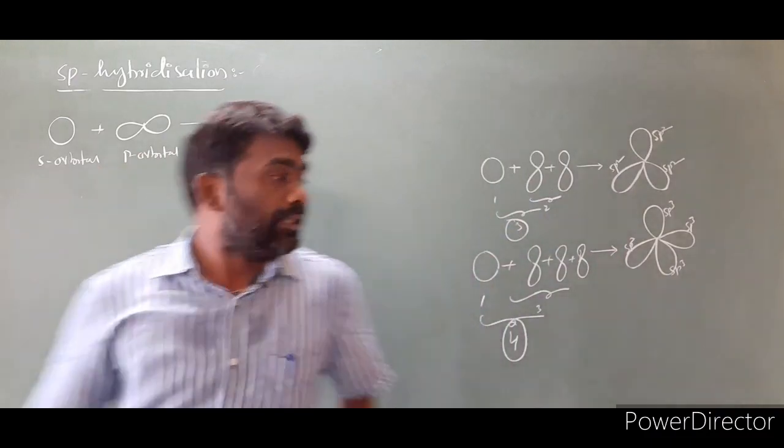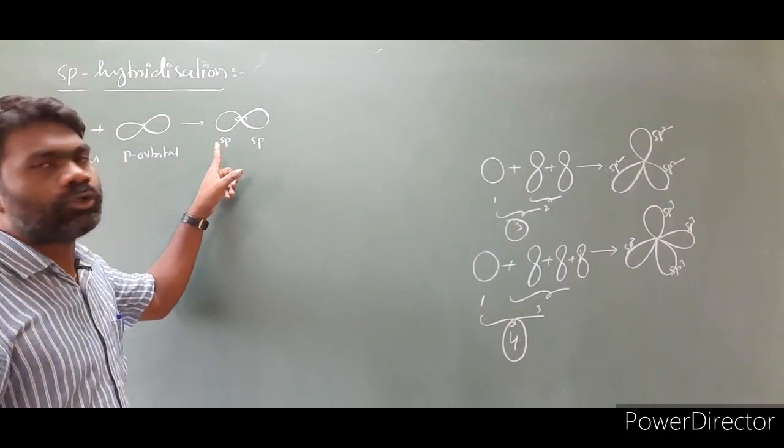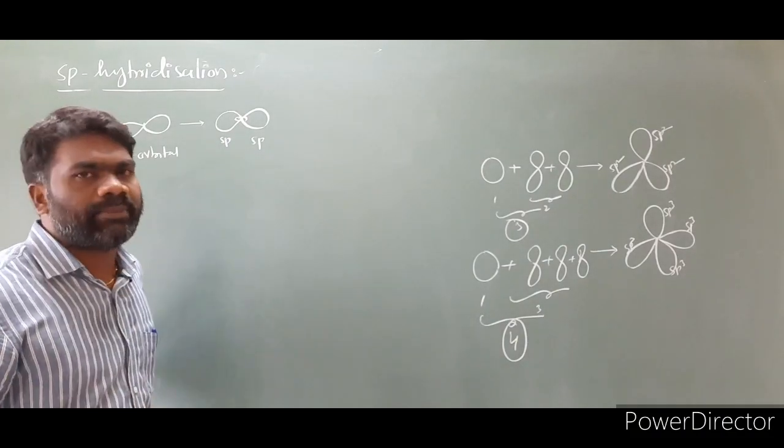Coming to our topic, here 1 s orbital intermixed with 1 p orbital, leading to the formation of 2 sp hybridized orbitals.